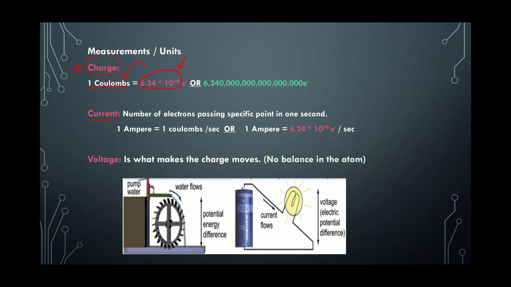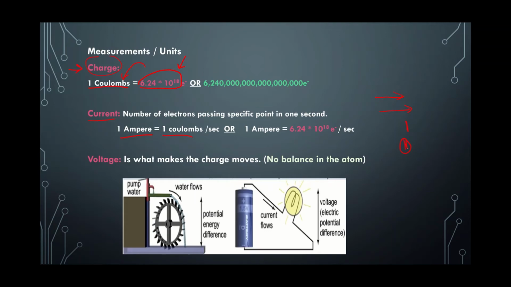The current is the number of electrons passing a specific point in 1 second. If you are standing here watching the number of electrons in 1 second, this is what defines the current. The unit is ampere, so 1 ampere is equal to 1 coulomb per second.